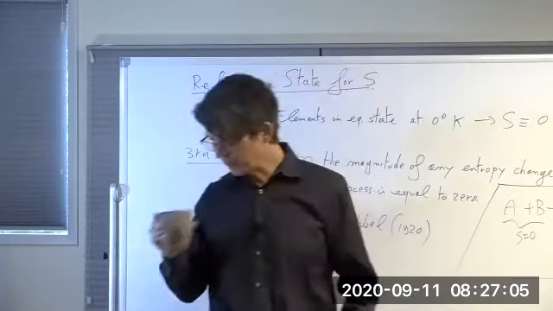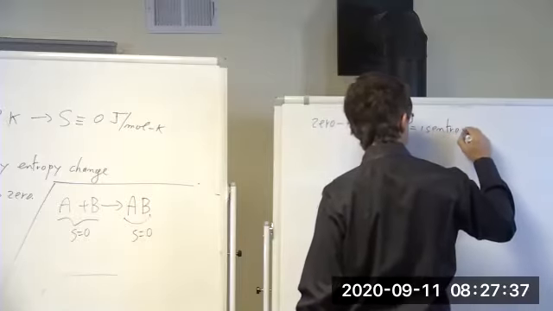So this implies that the zero temperature isotherm, so the line that connects all states at zero temperature, is actually also an isentrope. So it has the same entropy. So the 0 Kelvin isotherm is an isentrope. So a line of constant entropy.